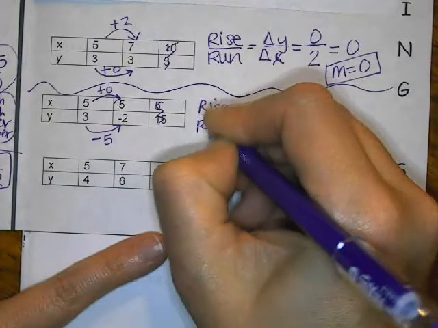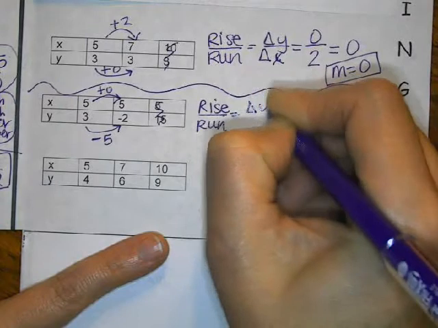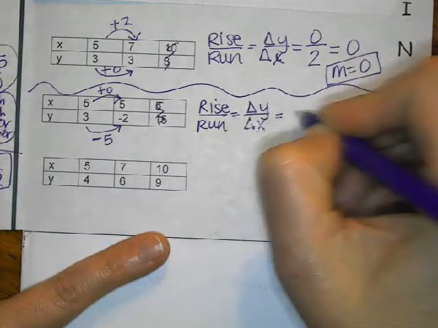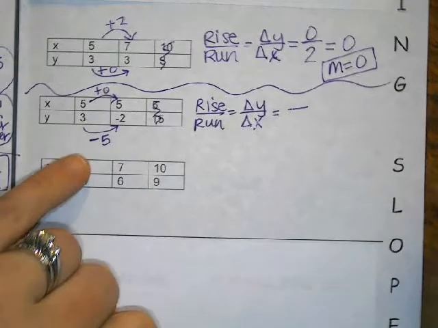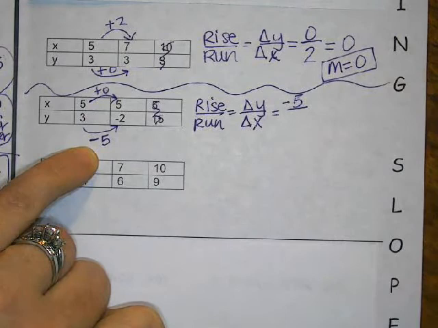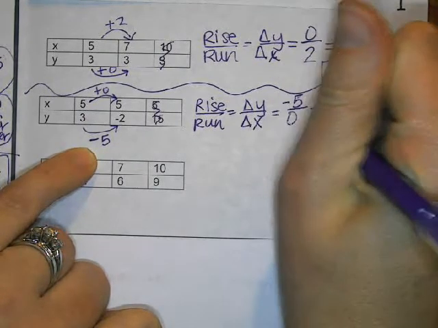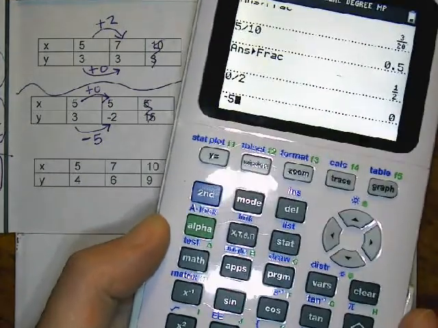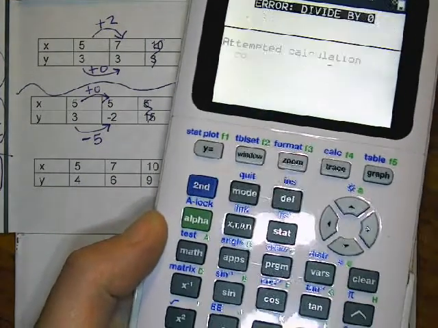It's rise over run, where rise is the y's, so y goes on top and x goes on bottom. How much did y change? Negative 5. And how much did x change? 0. Now, divide that on a calculator. Negative 5 on top divided by 0.